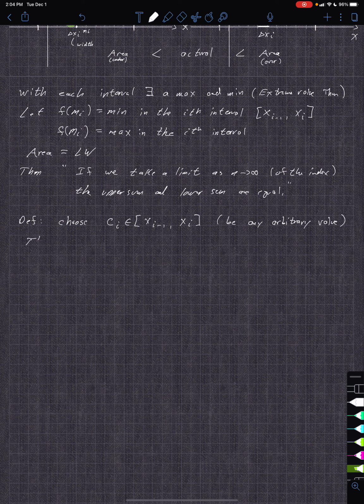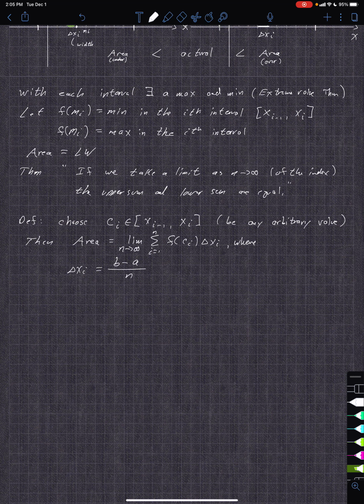So then the area is equal to the limit as n approaches infinity of the sum as i goes from 1 to n of f of c sub i delta x sub i, where delta x sub i equals b minus a over n.